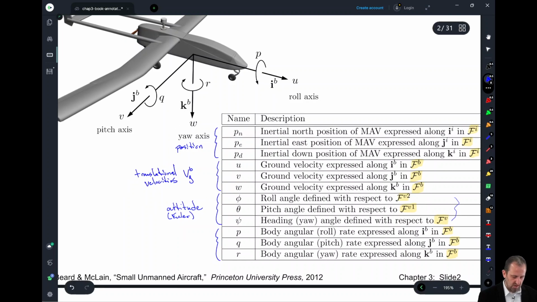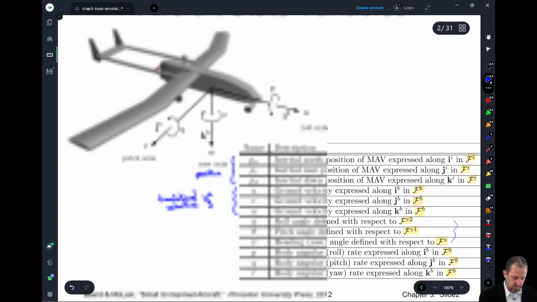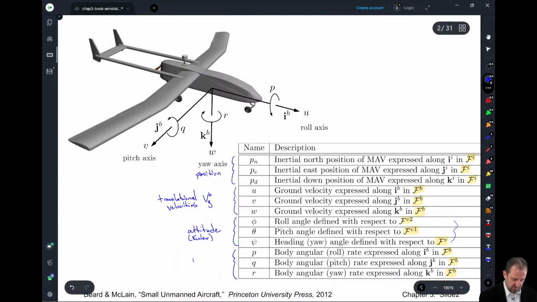Okay, so those velocities are going to be our rotational velocities. These guys will be how our vehicle is rotating in our body frame. So P is going to be rotating about our i^b axis, so we'll be doing rotations about that axis.